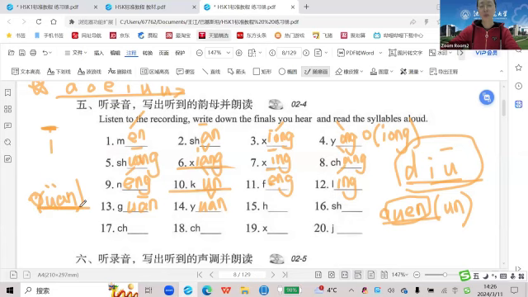Yuan, original final. There is no initial in front of it. So we just add the alphabet Y in front of it. And the two dots were omitted. Okay? Number 15.